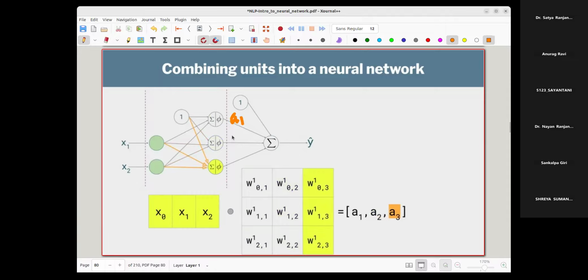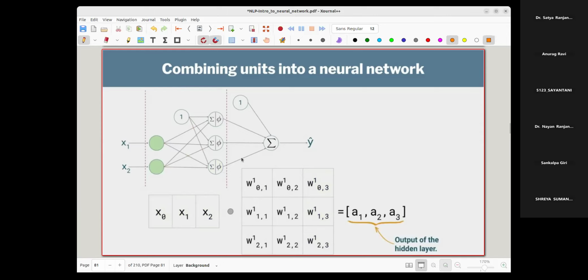This is A1, this is A2, and this is A3. These are the outputs, and I am putting them in this vector because we are doing it simultaneously, not one by one. Is it okay? Now this is called the output of the first hidden layer. A1, A2, A3 are the output of this hidden layer.